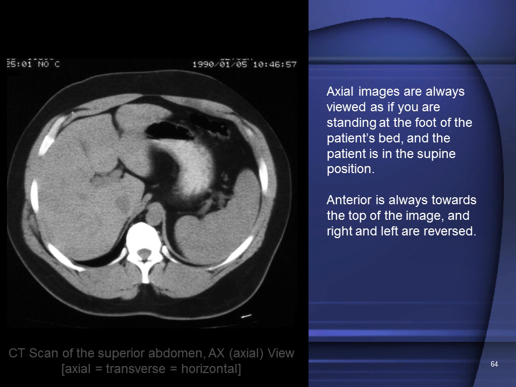Here is a CT scan in the axial view of the superior abdomen. Axial is the same as transverse and the same as horizontal. In the United States and North America, when viewing an axial slice of a CT scan or an MRI scan, you are always viewing the slice as if you are looking from the patient's feet.